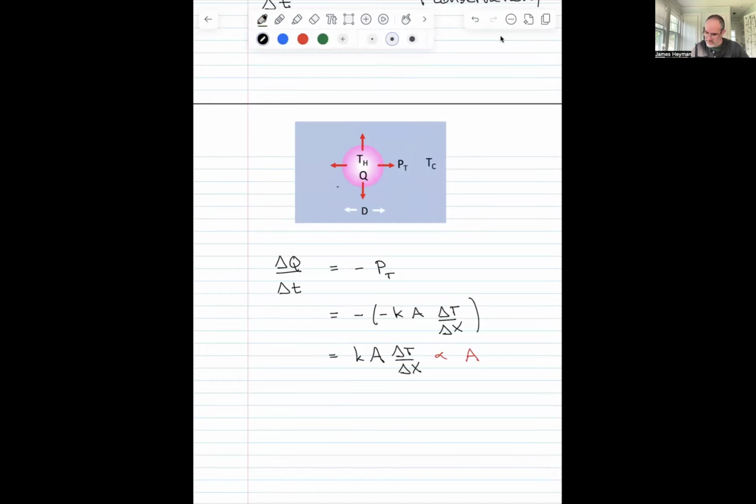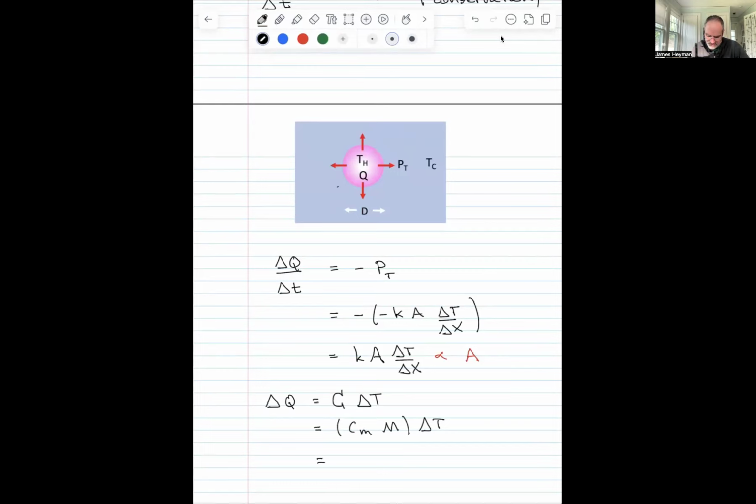On the other hand, delta Q can be written as the heat capacity times delta T. So if the temperature of an object changes by delta T, then the thermal energy in the object will change by delta Q. But the heat capacity can be written as the specific heat times the mass.